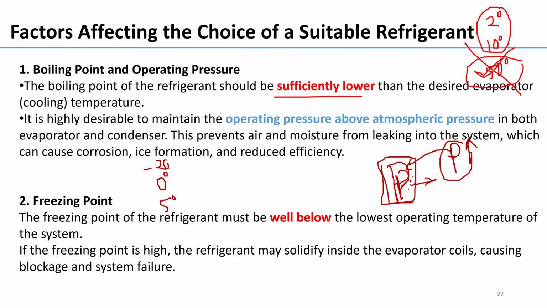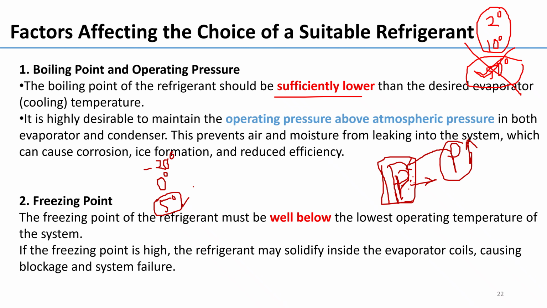Just think, the refrigerant which has a freezing point of 5 degrees Celsius will easily freeze whenever the temperature gets to 5 degrees Celsius. We never want that, because sometimes we need to convert water into ice in our refrigerator.